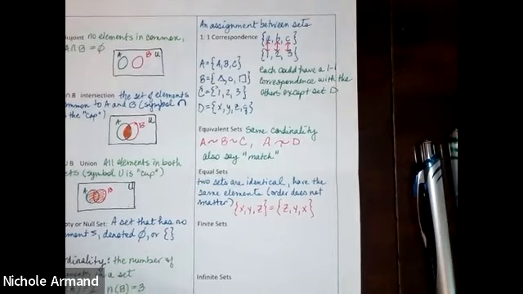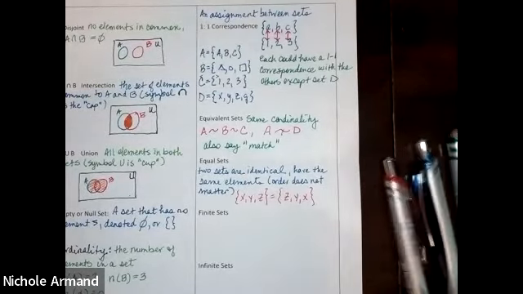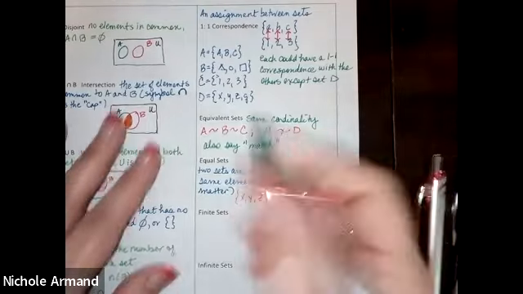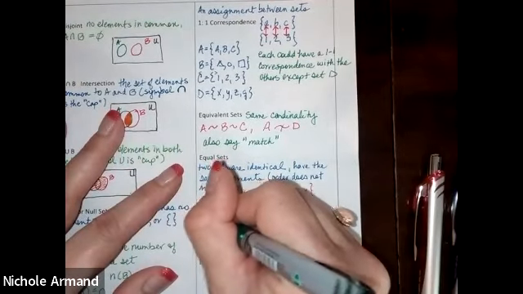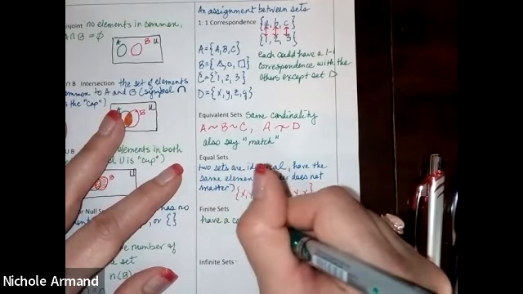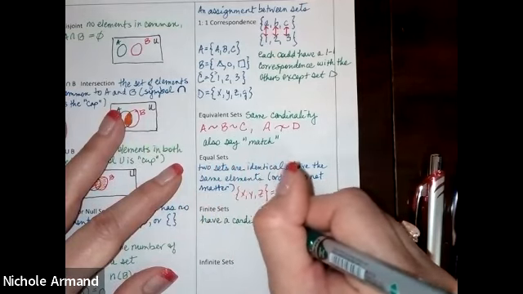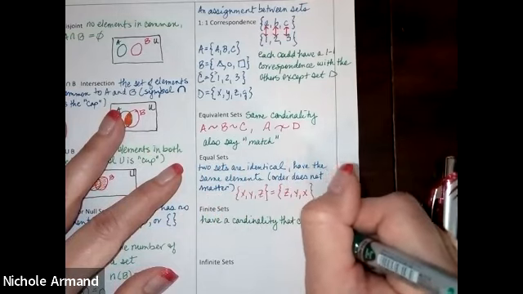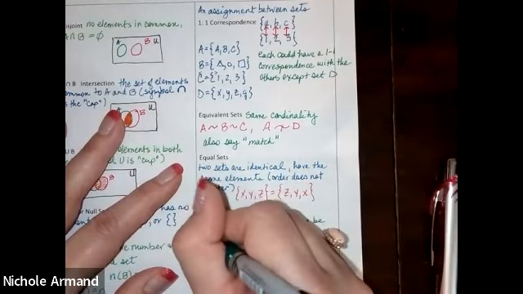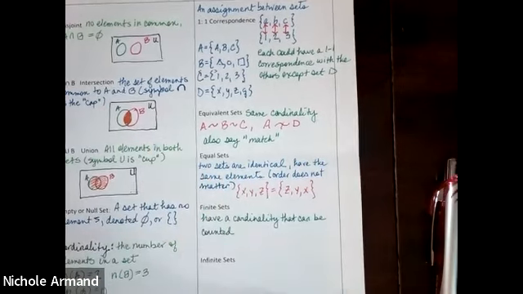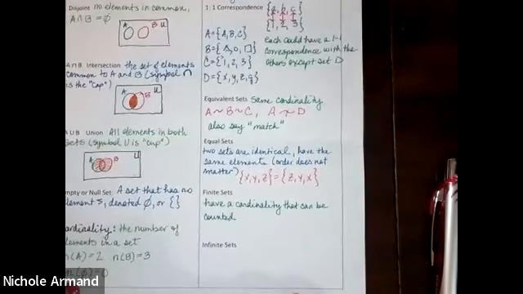Right? Finite sets have a cardinality that can be counted. So we could also use the word limited.